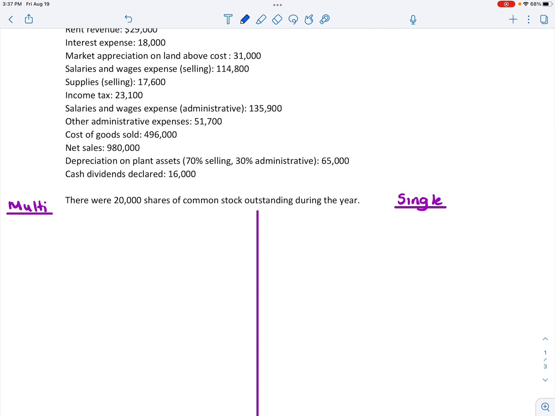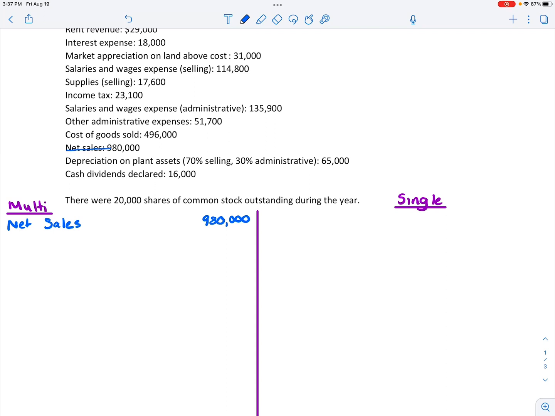For the multi-step approach, we still start with net sales. I'm going to try to write small so this all fits in here. The net sales are $980,000. I'll include all those zeros.